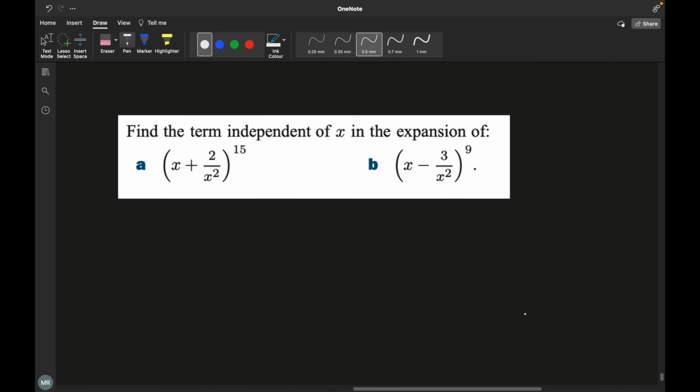Find the term independent of x in the expansion of this. The meaning of independent of x is that there's no x term, it's going to be x to the power of 0. So it's just going to be a constant. Let's expand this.